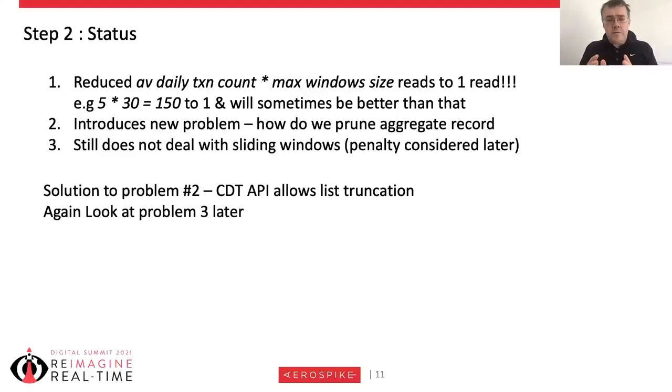So this is step 2 of 5 in the presentation. Therefore there's got to be some reason why what we've done so far isn't perfect.